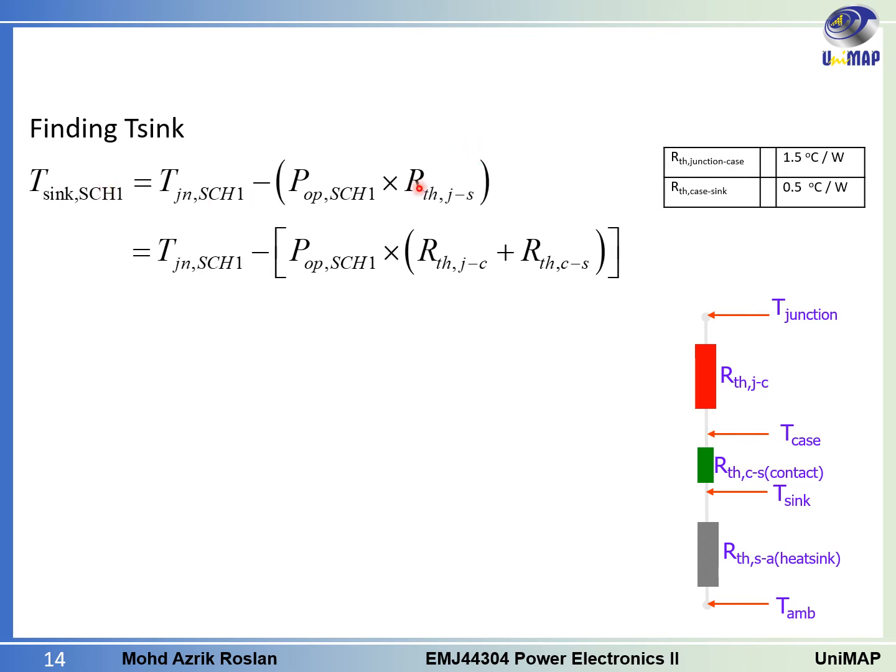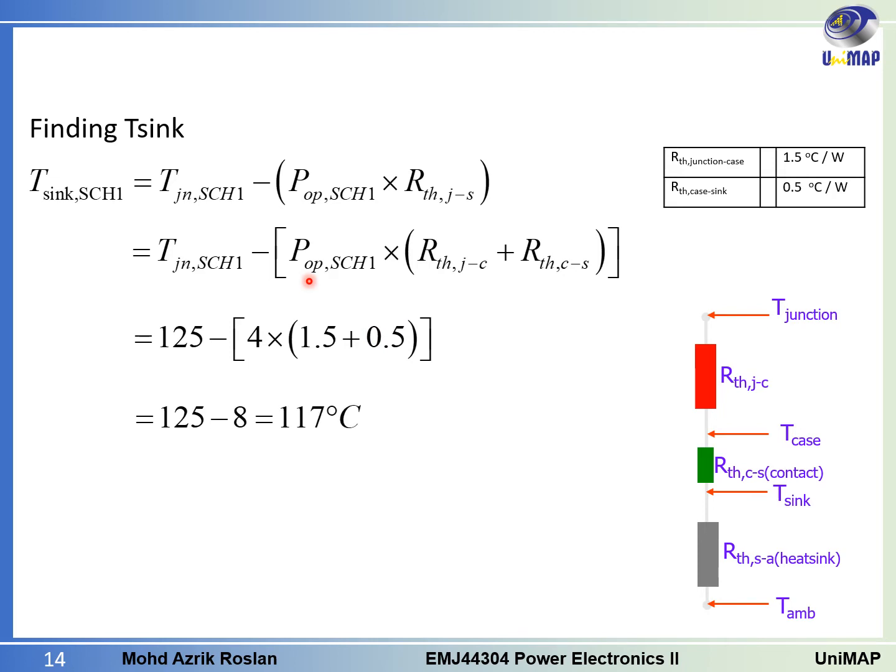So Rth junction to sink, like I mentioned before, you have to add Rth junction to case plus Rth case to sink. You add this value together. So when you replace the values here, this is 125 minus the power that we drew from the graph, which is 4, multiplied by 1.5 plus 0.5, which is 2 inside here.